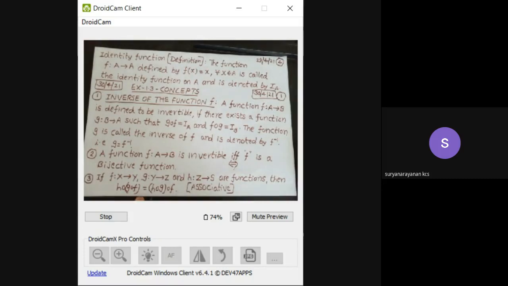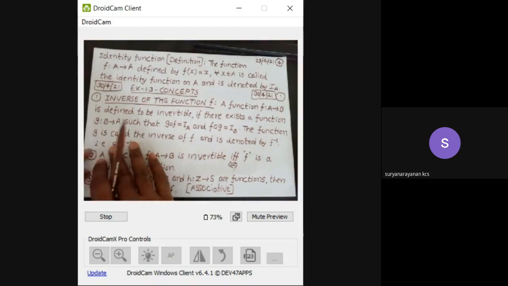Whereas in this case, we take three functions, namely f, g, and h, and we take the composition of these three functions. h circle (g circle f) is equal to (h circle g) circle f. This property is called the associative property of composition of functions. Now come to the next point.